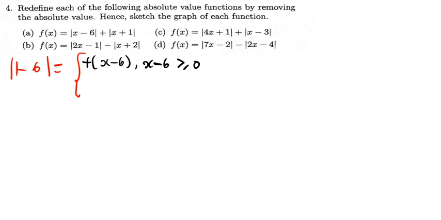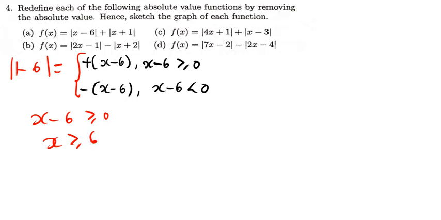When I multiply it by negative, I put it in brackets, and the condition is that x minus 6 should be less than 0. Now I need to find the value of x here. x minus 6 is greater than or equal to 0. So if I shift 6 to the other side, x will be greater than or equal to 6.